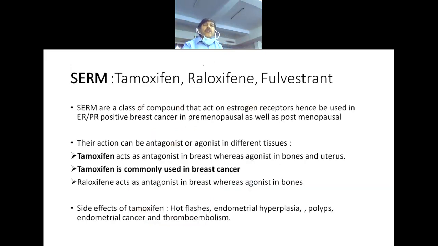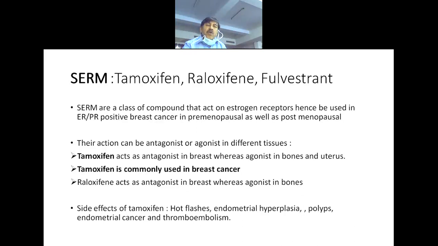So coming to the selective estrogen receptor modulators, basically these are the drugs which act at the receptor level and block the action of the estrogen. Now they have selective action at some organs. They are antagonist. In some of the other organs, their action is agonist.